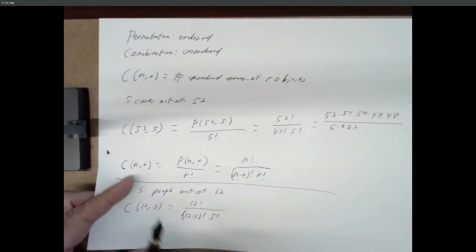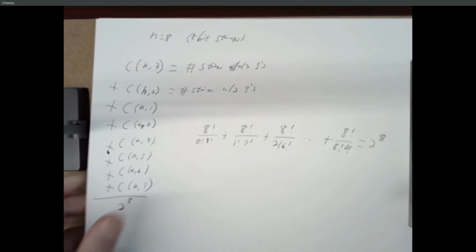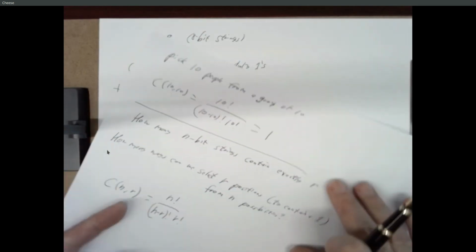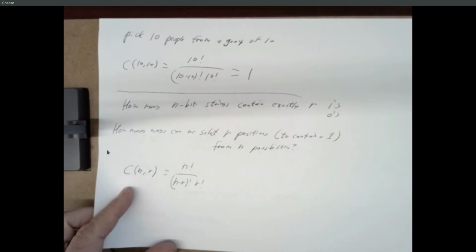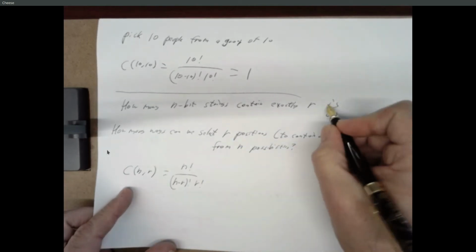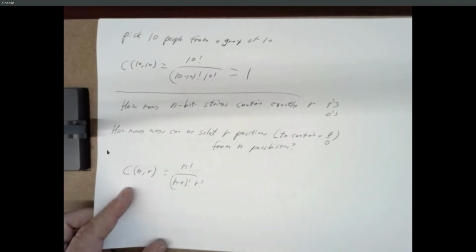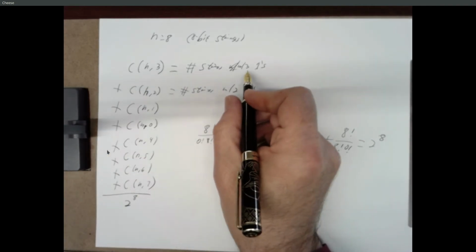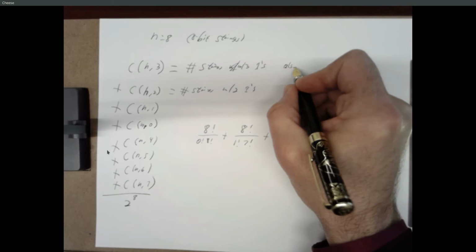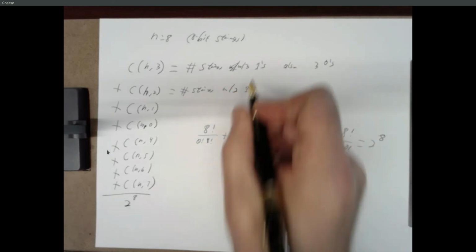And we might have said, on the flip side, how many 8-bit strings contain exactly r zeros? How can we select r positions to contain a 0 from n possibilities? It's going to be C of n r. So C of n3 is the number of strings containing 3 zeros. Also, it's the number of strings containing 3 ones.